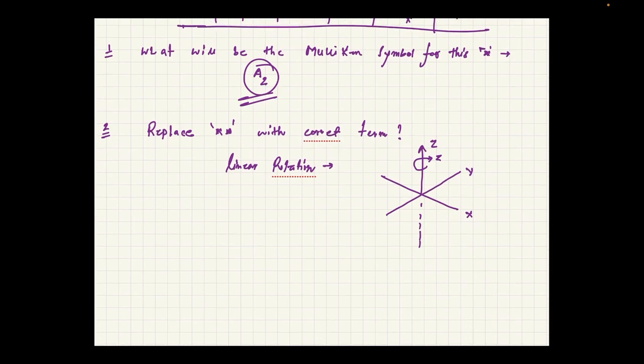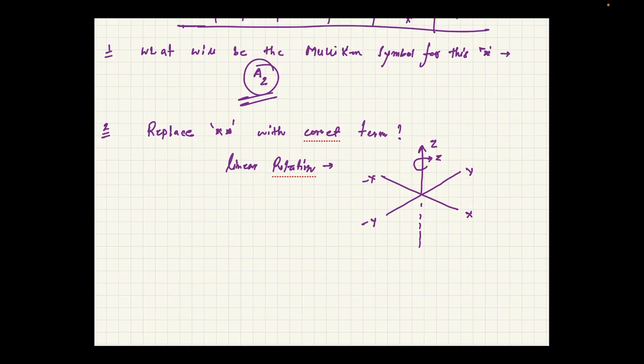When you are rotating clockwise along the z axis, x goes to -y, then -y goes to -x, then x goes to y, and then y goes to x, like this.